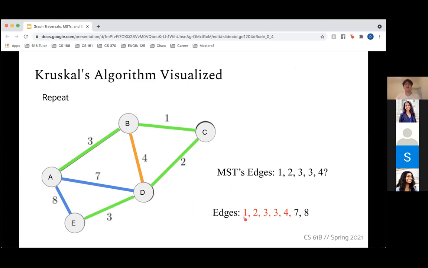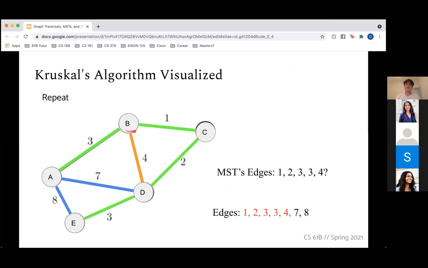Beforehand, I was just adding our edges, saying, oh, we can add 1, we can add 2, we can add 3, we can add 3. But every single time we add an edge, we want to check if it creates a cycle, because if we create a cycle with our MST, then it's no longer a tree.